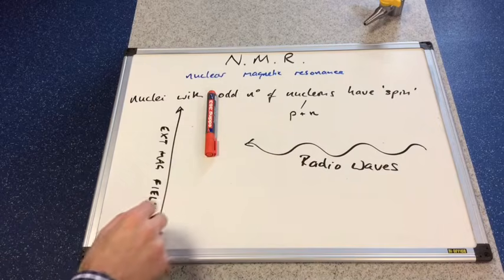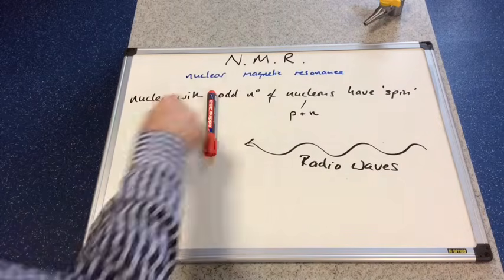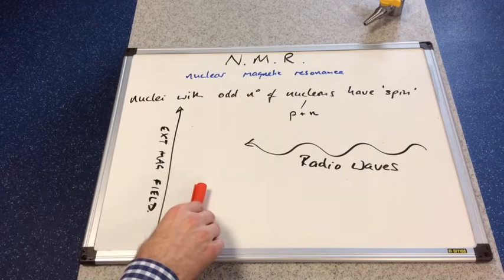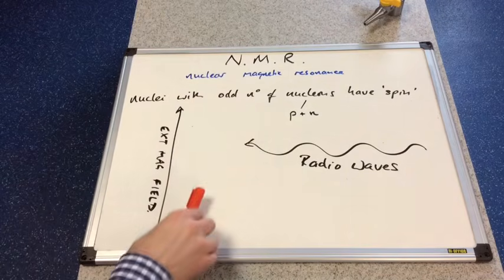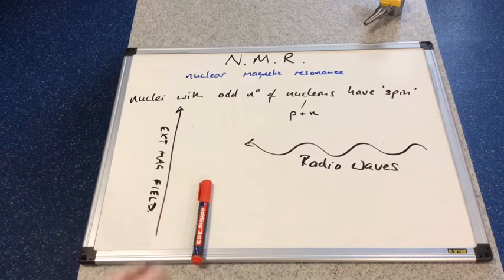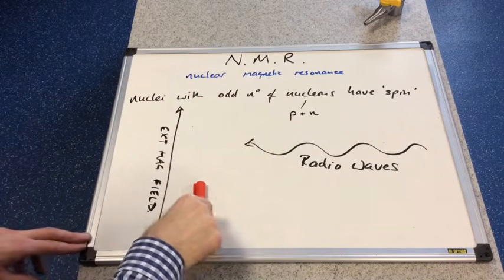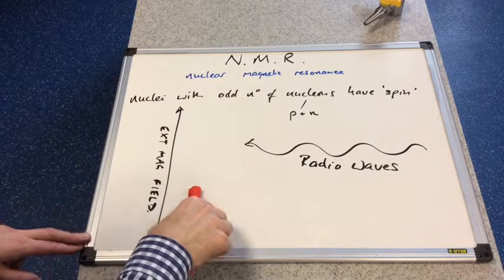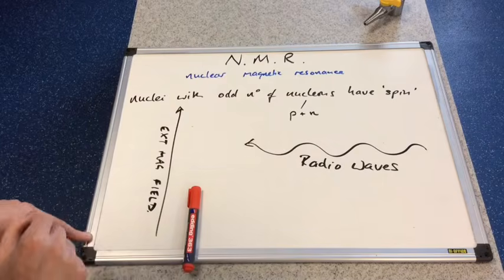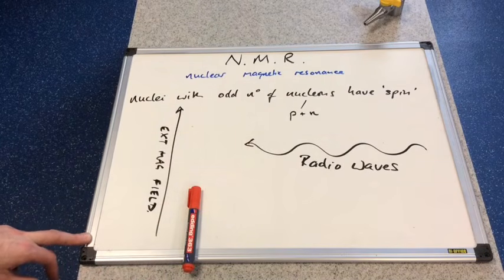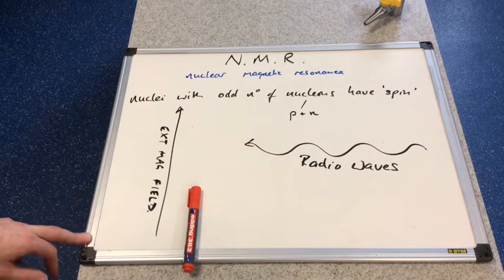So essentially, these nuclei with odd numbers of nucleons can absorb radio waves. And that's the mechanism that's going on. Now this process of absorbing the energy and increasing the energy level is called resonance. So we can now explain where NMR, or nuclear magnetic resonance, comes from.